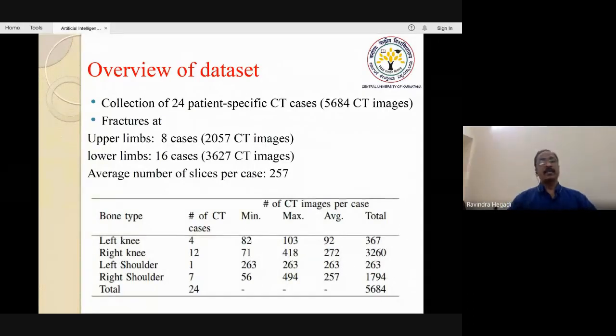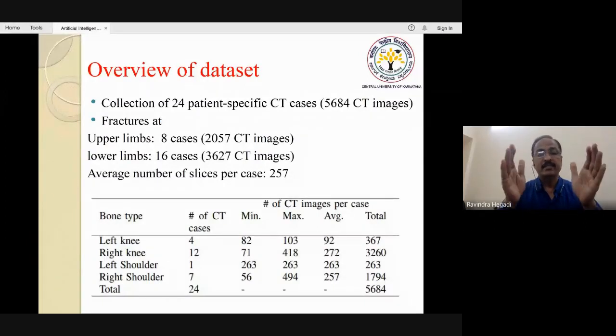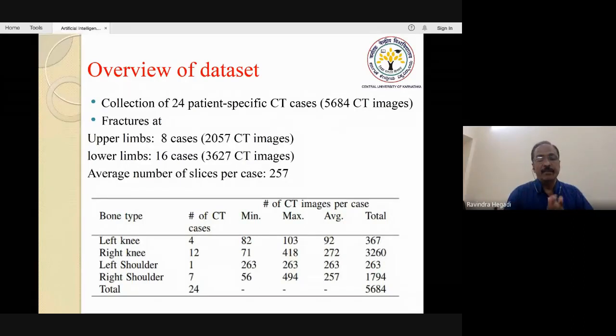Among them, for fractures in the upper limb, we collected 8 cases with 2057 images, and for the lower limb, 16 cases with 3627 CT images. The average number of slices per image comes to 257 slices in a single CT image.